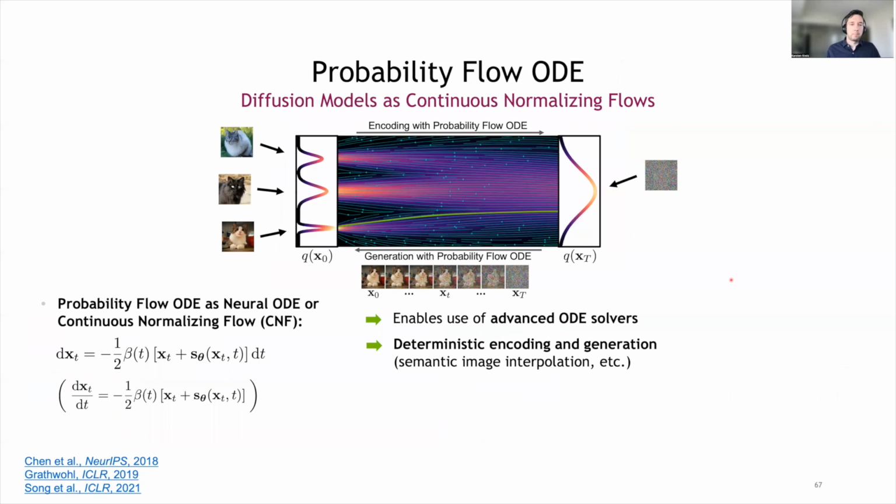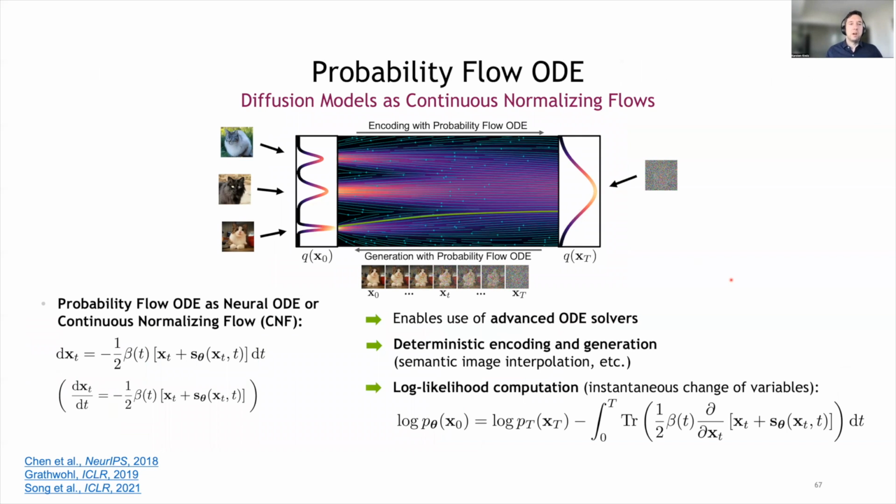All right. So there is another advantage of the probability flow ordinary differential equation. We can also use it for log likelihood computation as in continuous normalizing flows. More specifically, we can take a given image or a given data sample, for instance, this image of Arash's cat Peanut. Now we can take Peanut and encode Peanut in the latent space of our diffusion model. Then we get this state xt.